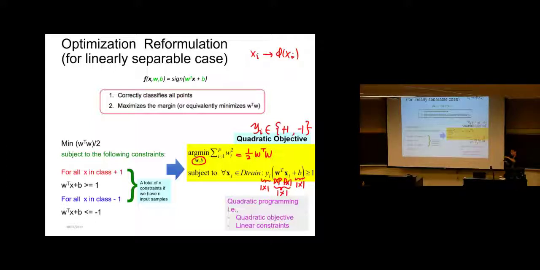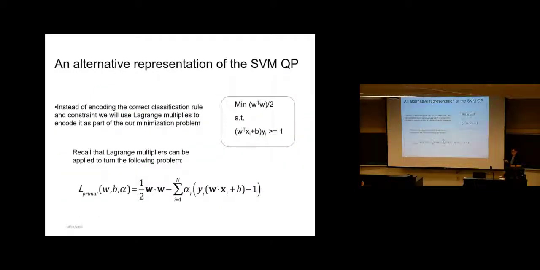So with the Lagrangian multiplier, if you learned about numerical optimization, this is a very generic trick. I converted the constraint into part of the scoring function. So I converted my objective function as, again, 1/2 W transpose W, and a minus something called alpha i.